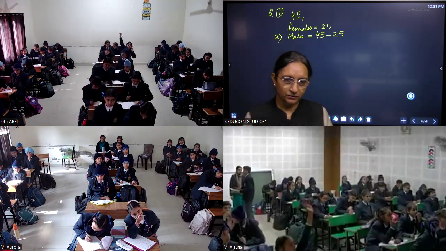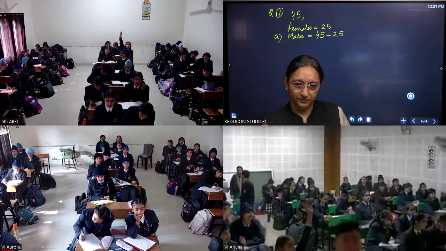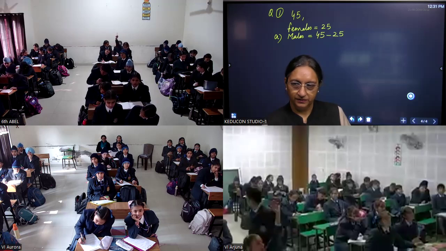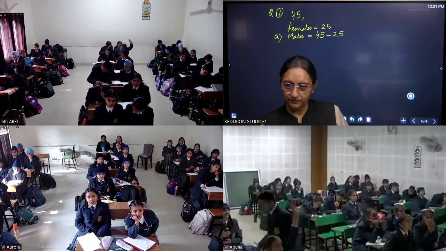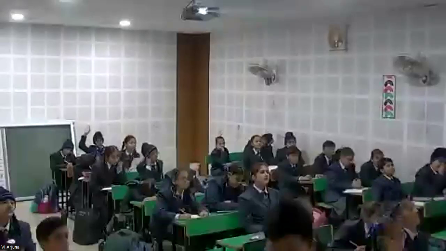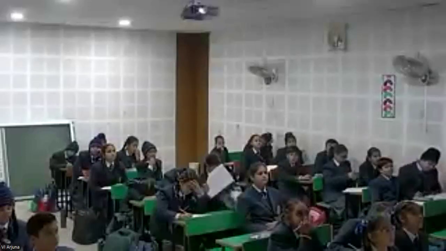Okay, I think your mic is not working, beta. You are not replying. I can't hear you. Check your mic. Arjuna section, wait beta, let me fix the camera. Wait. You're all coming blurry. The picture is not clear.